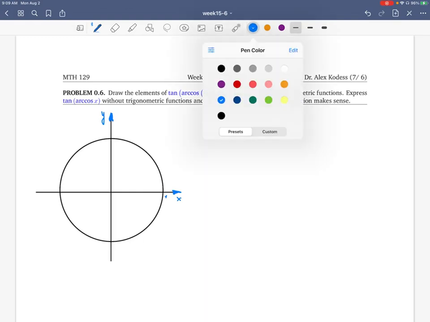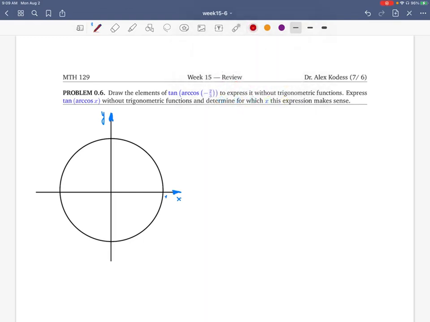So where is negative 2/3? Let's say somewhere here. Where is arc cosine of negative 2/3?